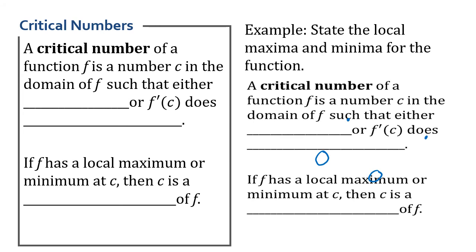A critical number of a function f is a number c in the domain such that either f prime of c equals 0 or f prime of c does not exist.